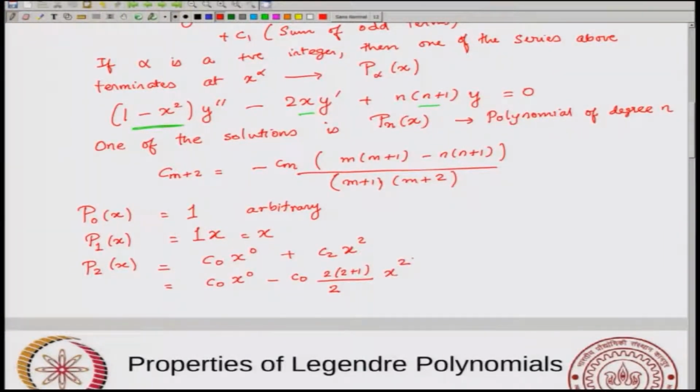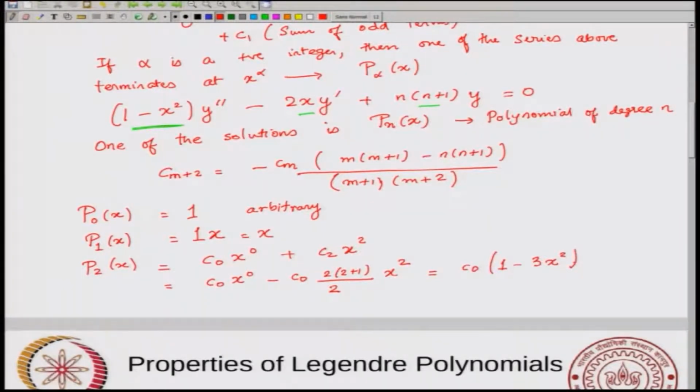So, finally, I can write this as 2 into 3, 6 by 2, that is 3. So, I can write this as C 0 times 1 minus 3 x square.